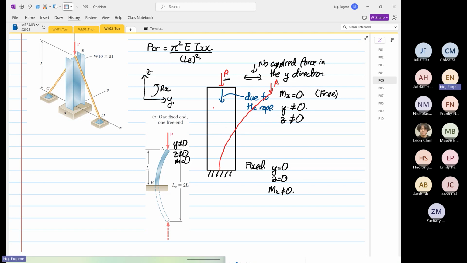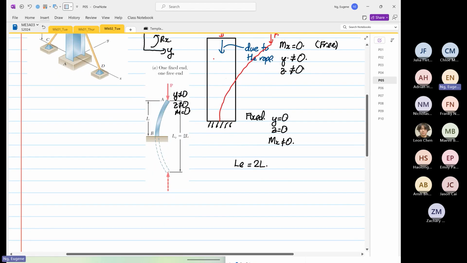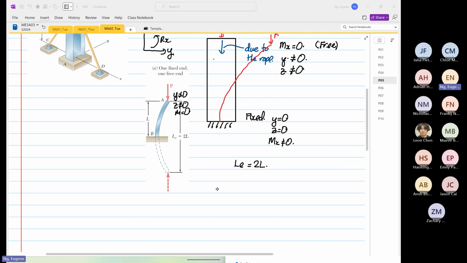So when that's the case, we now know that LE is equal to what? 2L, right? We know LE is equal to 2L. So now we have to apply the P critical is equal to pi squared, Young's modulus is 29 times 10 to the power 6.